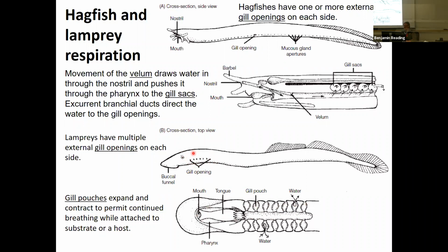Each one of these muscular pouches can pump water in independently. And so that way the lamprey is able to breathe even while it's attached to a host, or like the videos I showed, they sometimes adhere to rocks and things like that to avoid being swept downstream. So again, quite different methods of gas exchange here. Myxinidae, Petromyzontidae are the two families.